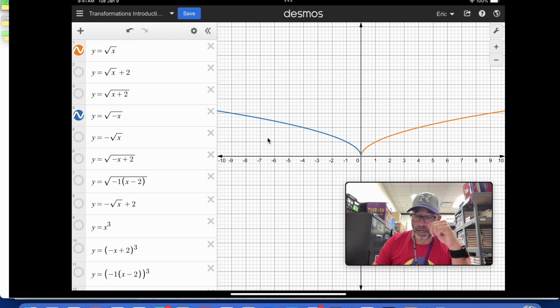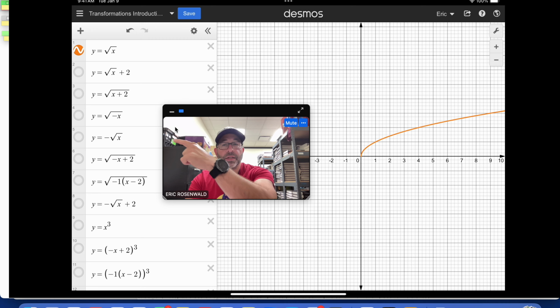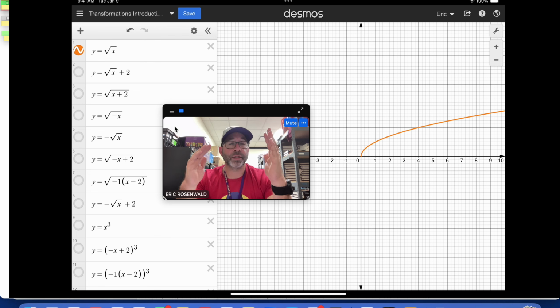Okay? All right, let's look at the negative square root of x. What's happening with the negative square root of x is we're saying take the opposite of our function, meaning take the opposite y value. And so every point in my picture, we're going to take the opposite y value.